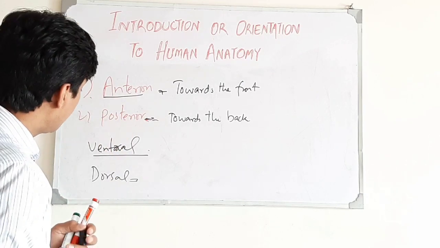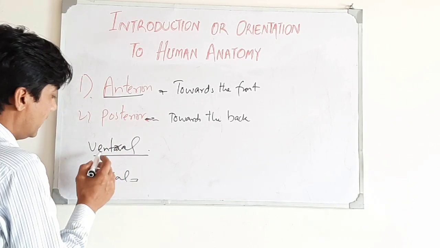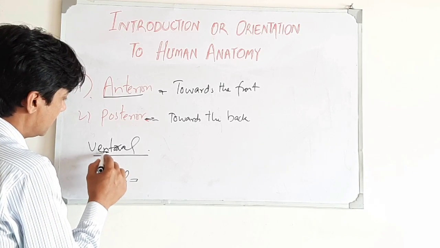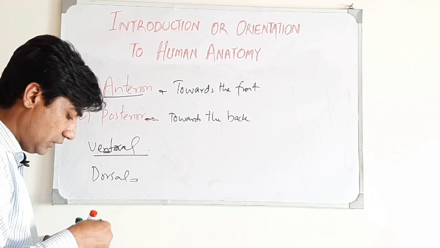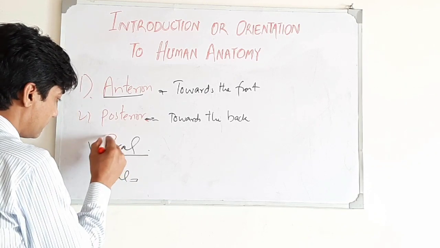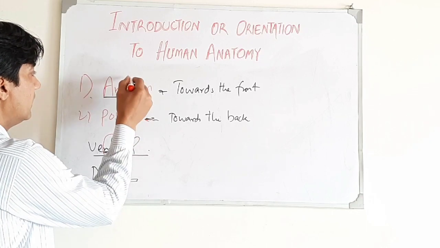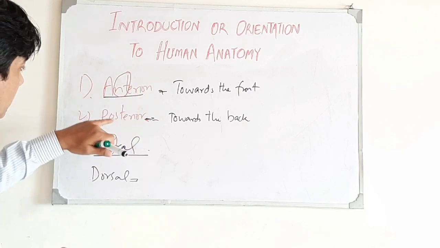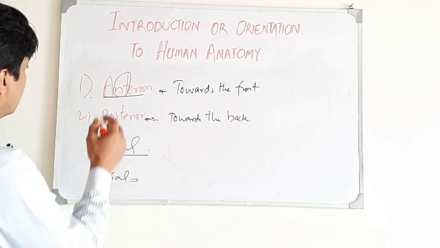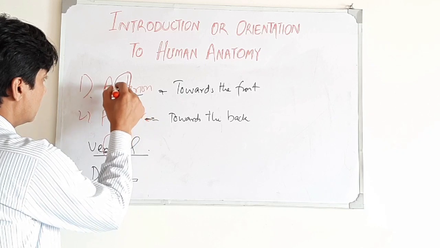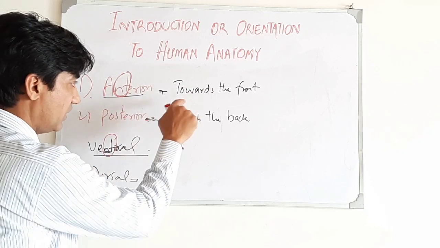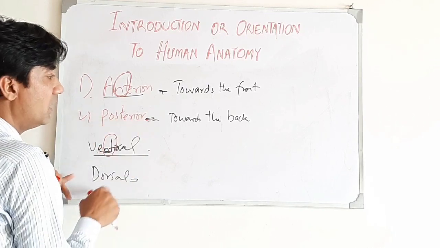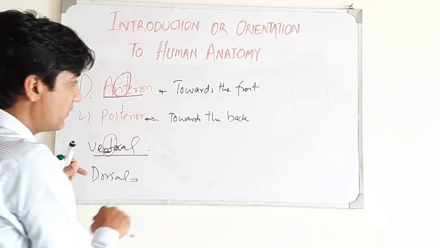How can we remember ventral and dorsal? In ventral, the letters E, N, T, and in anterior, the letters N, T also appear. So we can use anterior and ventral for the same definition, towards the front, and dorsal and posterior, the definition of these two terms, is towards the back.